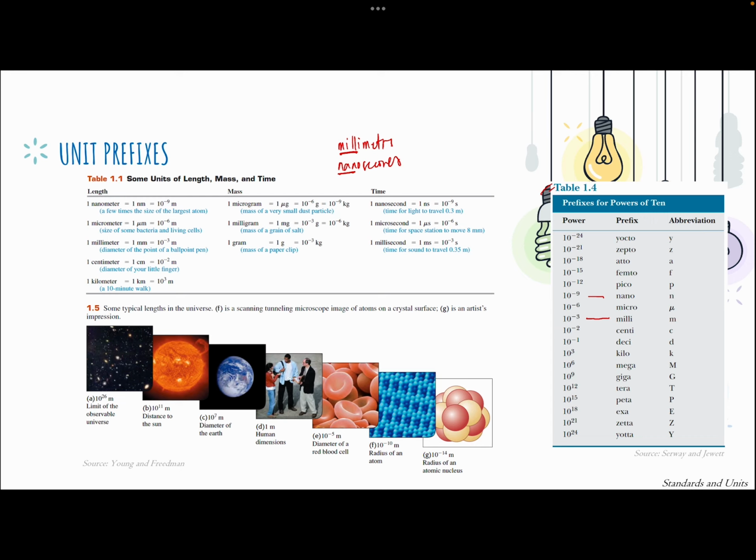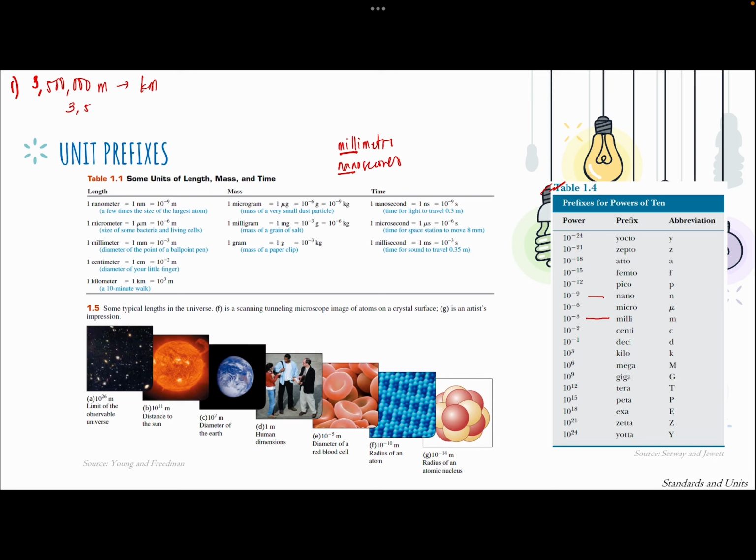So, paano ba ginagamit itong table na to sa unit conversion? Ganito yon. Example, you want to convert 3,500,000 meters to kilometers. Paano siya i-convert?